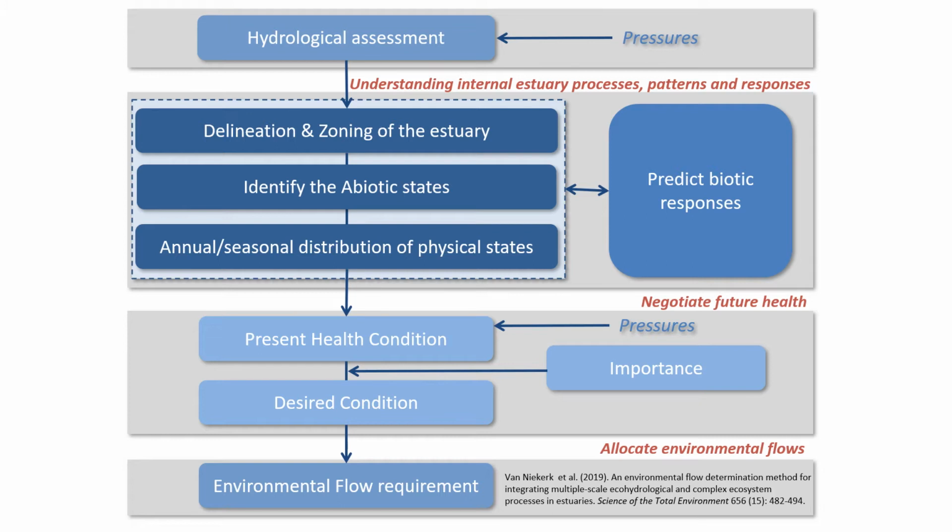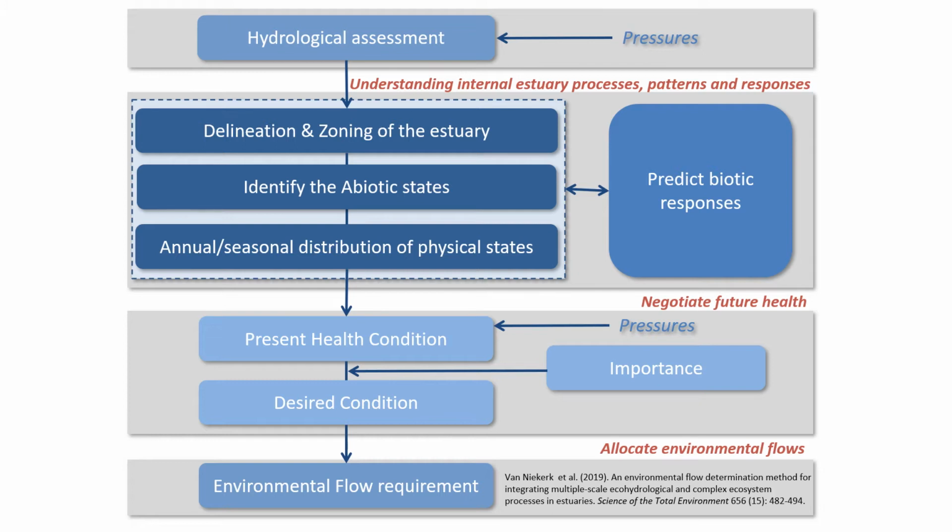I'm going to be using a paper that we published in 2019 that looks more at the science behind the process versus the actual steps in the flow requirement studies as delineated by the water affairs method. So the whole process starts off with understanding your hydrology and having a decent hydrological assessment of your flows done beforehand.